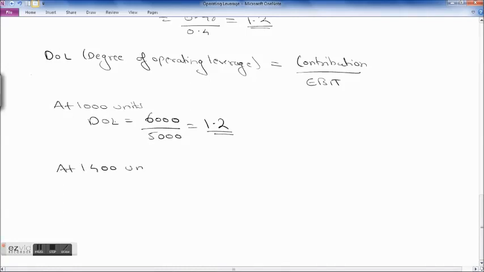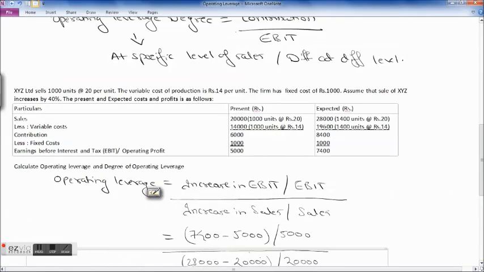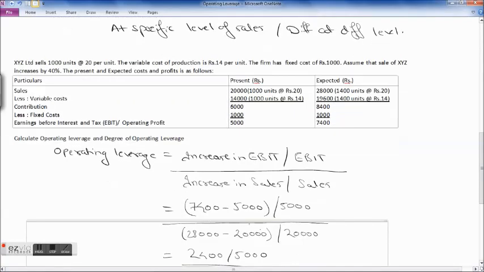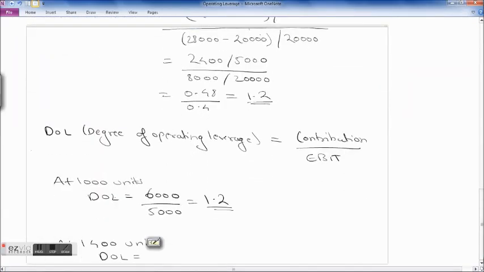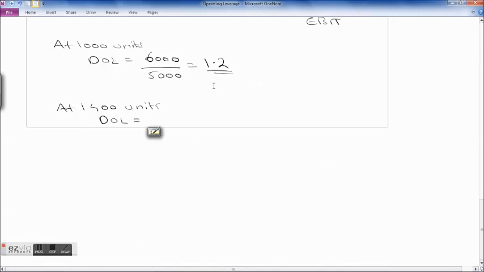At 1,400 units, your degree of operating leverage is equal to your contribution, 8,400, divided by your EBIT, 7,400.